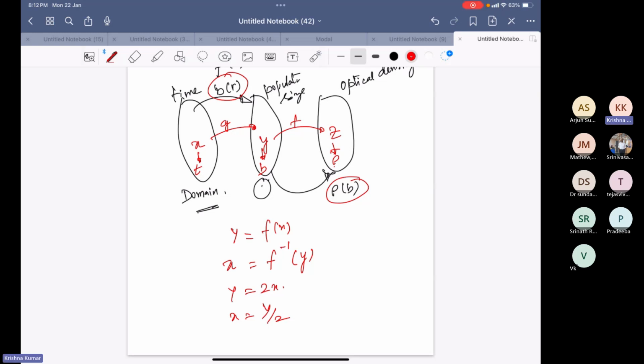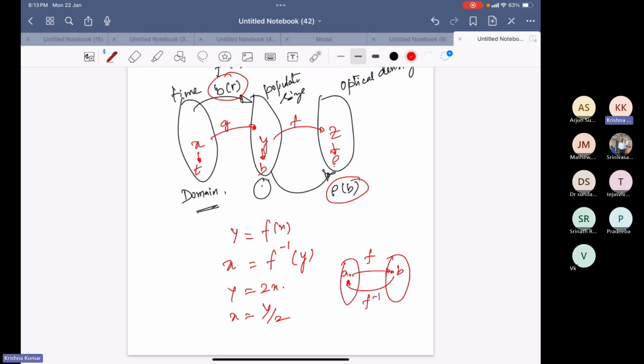So for example, I went from a to b by using a function f, then I come from b to a by using the inverse function. Is that clear? Yes, sir.